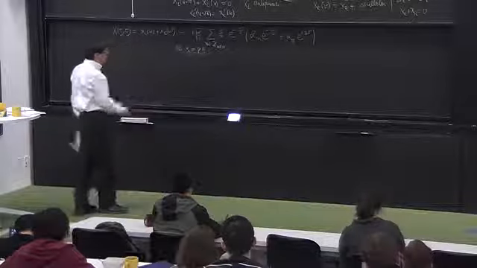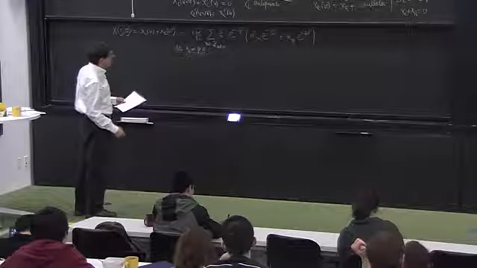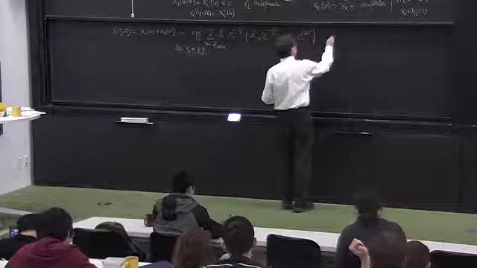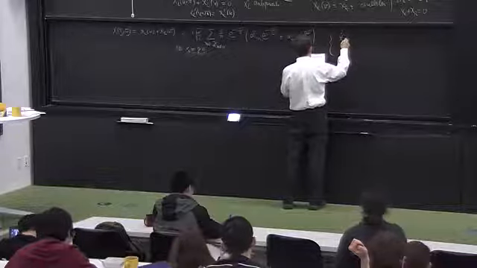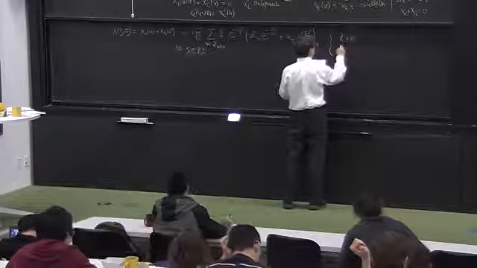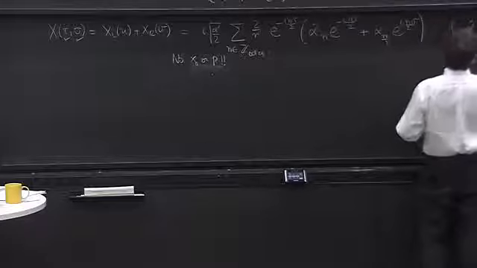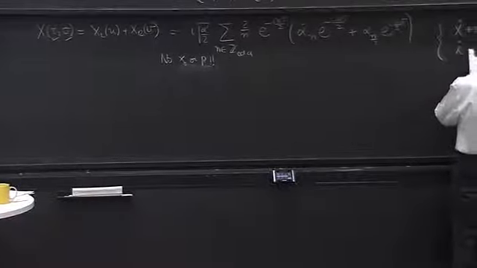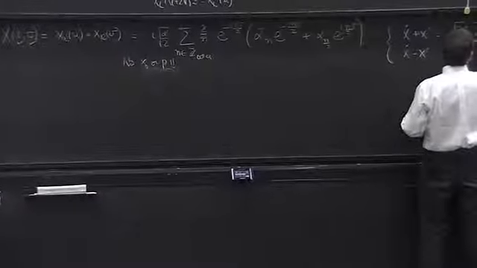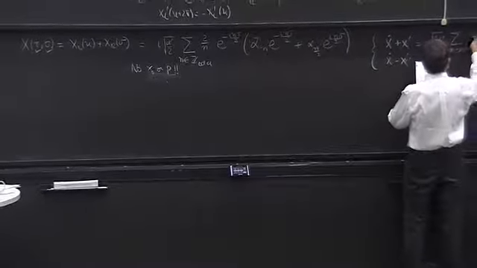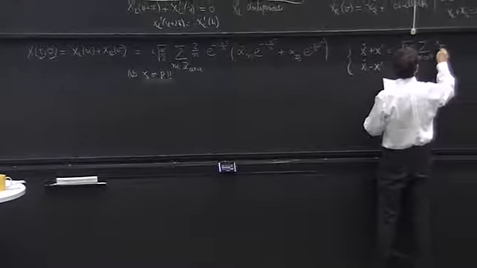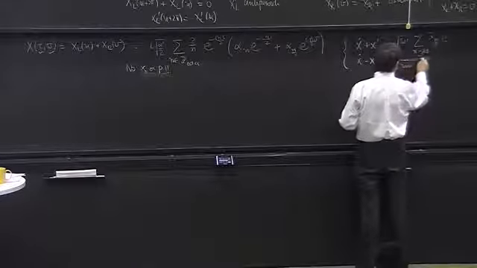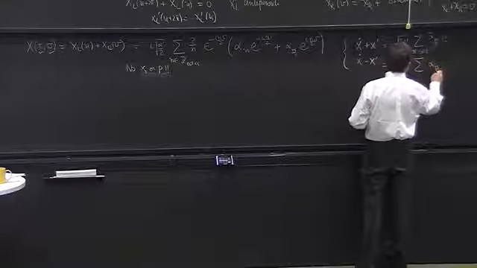Now, if you take your expansions here and do the same thing we used to do before, calculate x dot plus x prime and x dot minus x prime, we get the same usual thing. 2 alpha prime sum over n odd this time, alpha bar n over 2, e to the, all these things, and 2 alpha prime sum alpha n over 2.